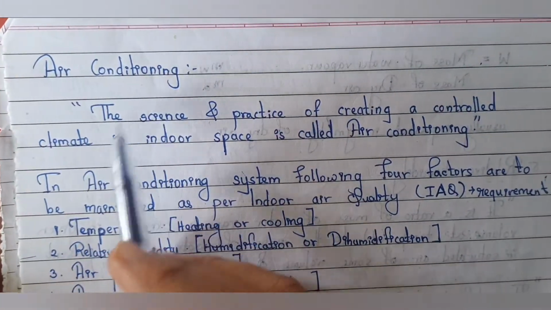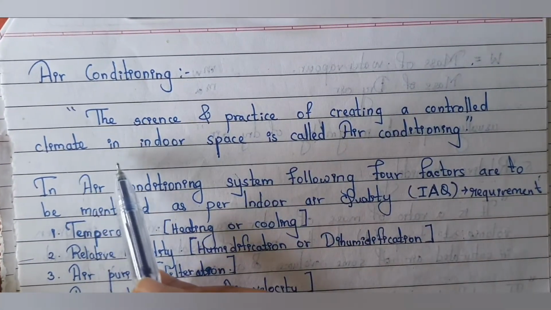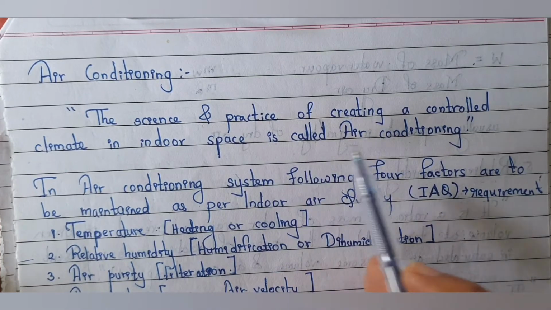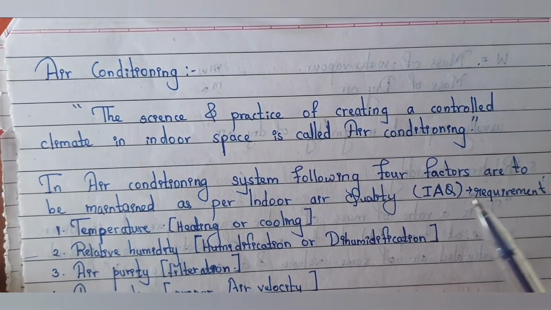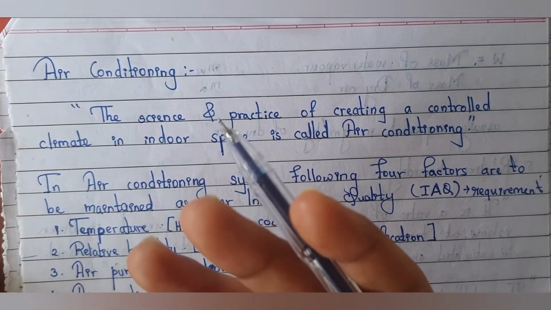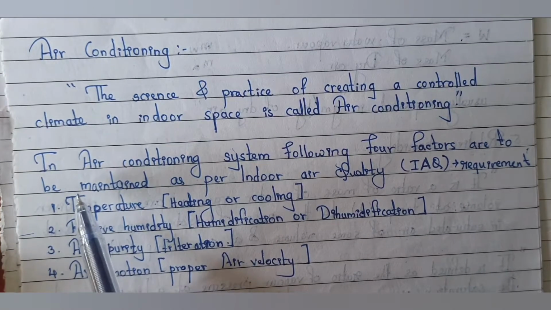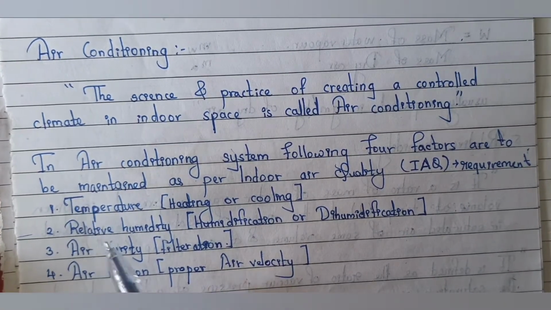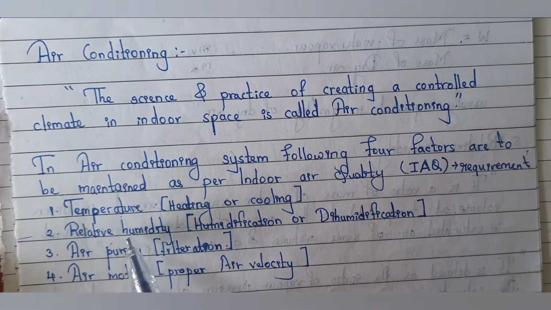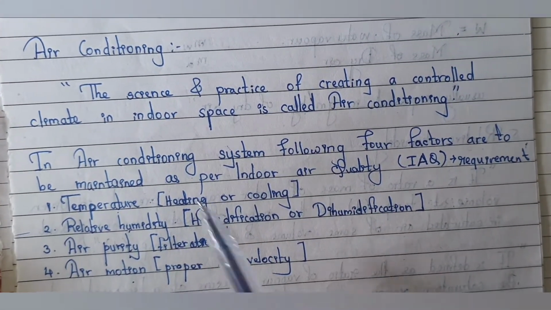Now we are starting with air conditioning. The science and practice of creating a controlled climate in indoor spaces is called air conditioning. The climatic condition in a room is controlled by AC, and it depends on four major factors: temperature, relative humidity, air purity, and air motion.